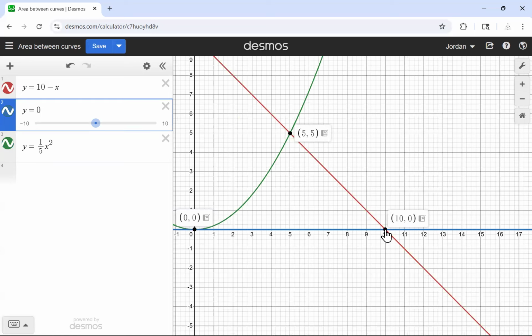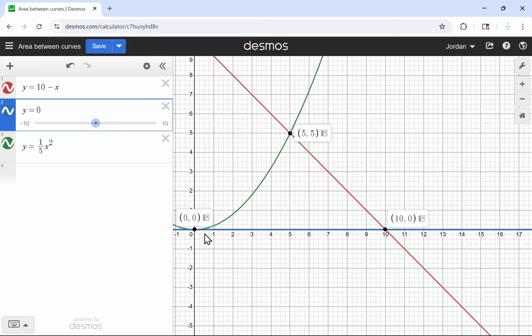Now it's pretty easy to either calculate or use your calculator to find the points of intersection. You can algebraically find points of intersection of all 3 of these pretty quickly as well. But our points of intersection here are the origin, the point 5, 5, and the point 10, 0.